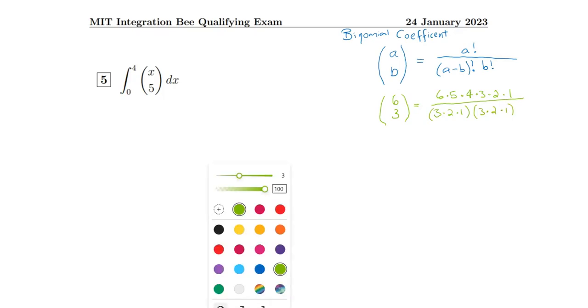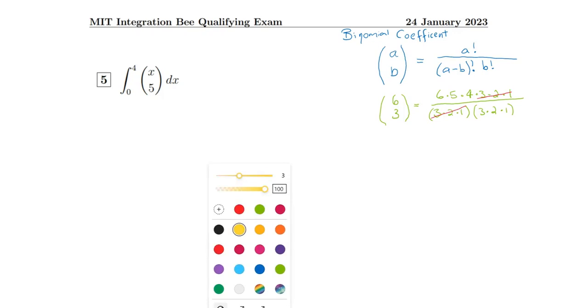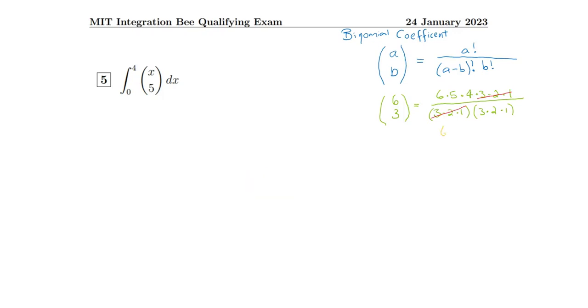Then we could notice that these 3 factorials can cancel out, and what we are left with is 6 times 5 times 4 over 3 times 2 times 1. And this would be 6 choose 3.